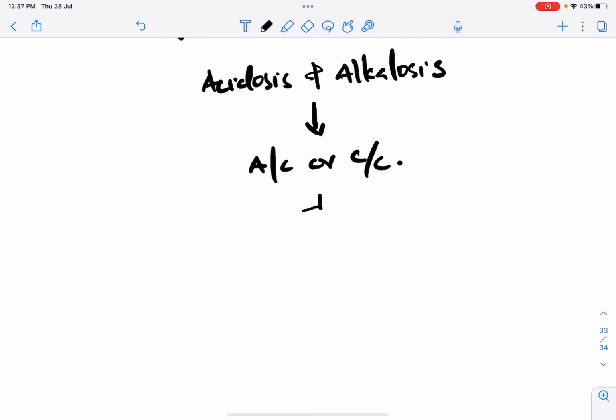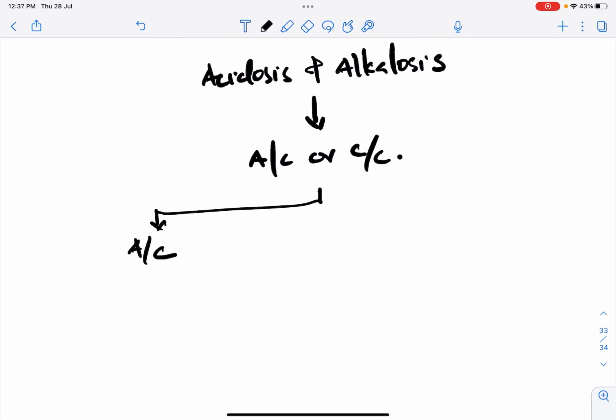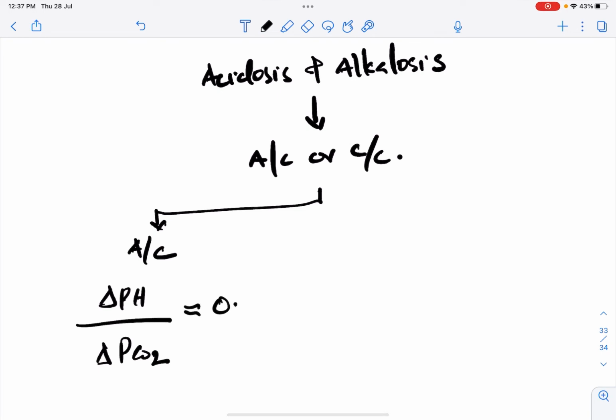So for acute, the ratio of change in pH of the patient to change in PCO2 should be approximately 0.008. It is for both acidosis and alkalosis, no difference.